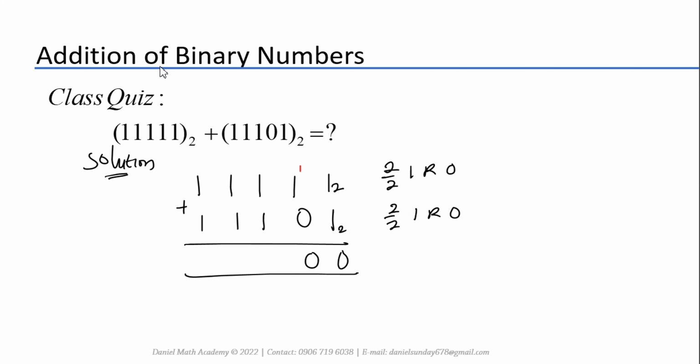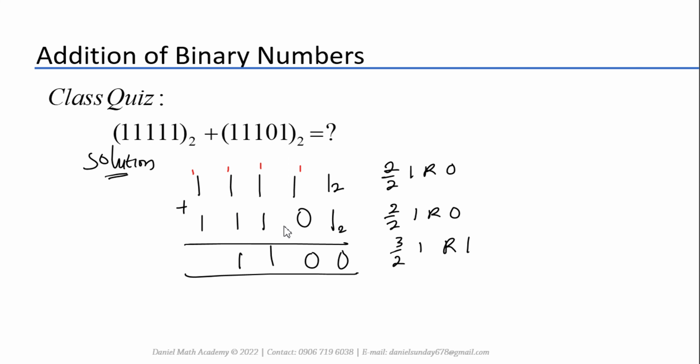Now we have 1 plus 1 plus 1, which is 3. Since it's more than the base, we divide 3 over 2, which gives us 1 remainder 1. So we write the remainder 1, and we carry the other 1 here. This is 3 again, so we divide again and get 1 remainder 1, which we carry again.